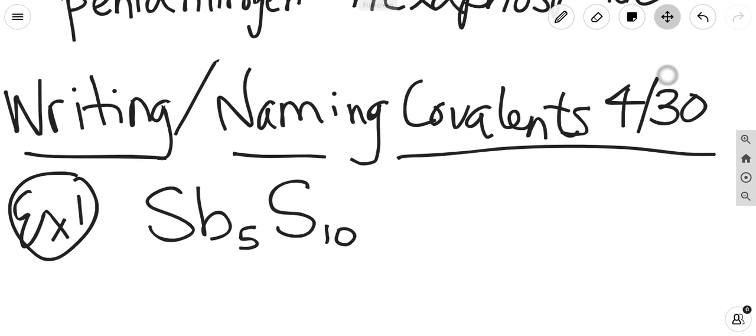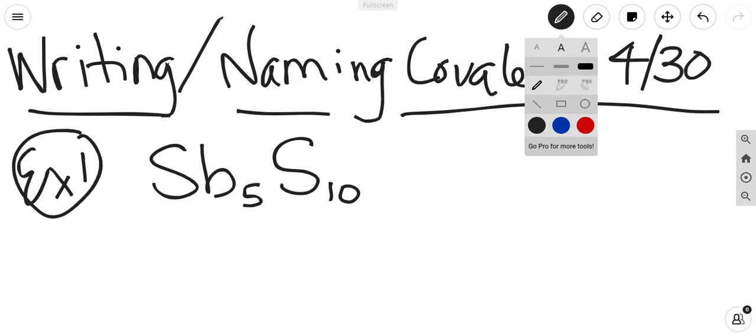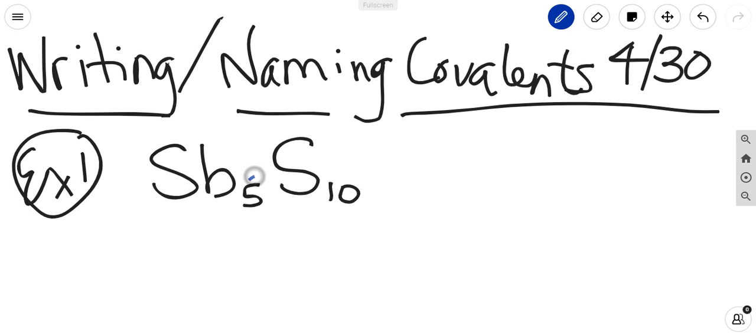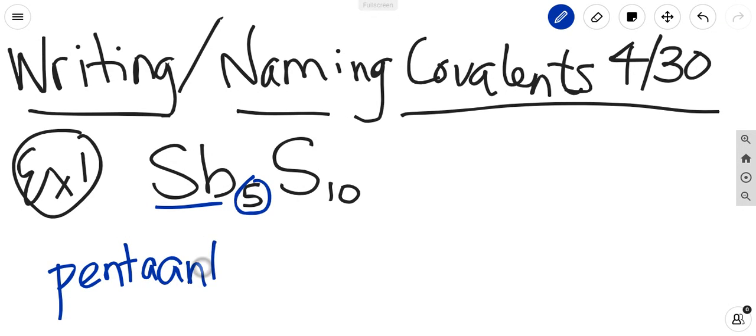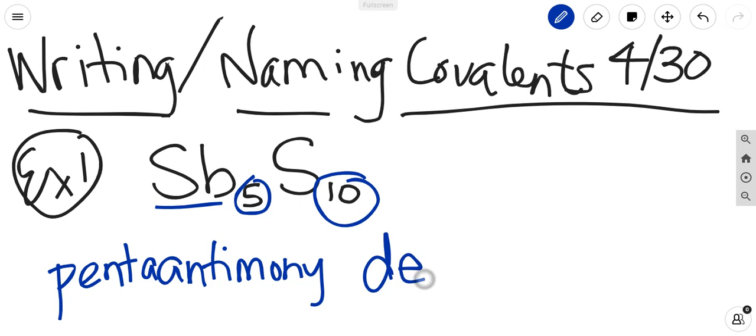So we look at it and we say, okay, the prefix for 5 is penta. This element's an oldie but goodie. What's Sb? Antimony. All right. The prefix for 10 is deca, and the element S, sulfur, becomes sulfide.